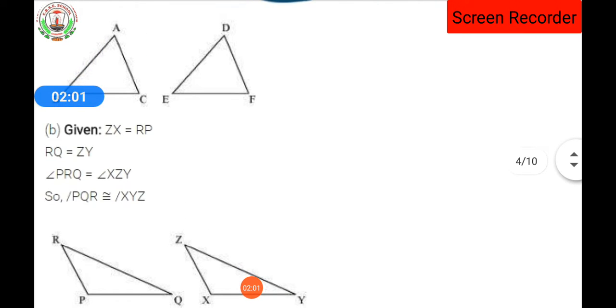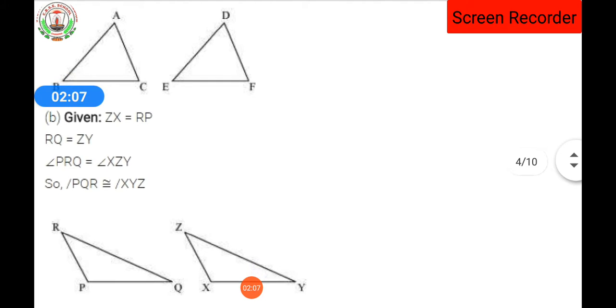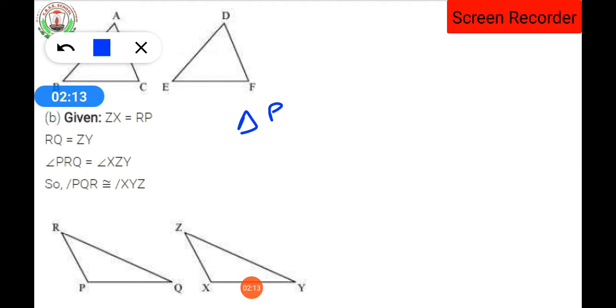Now moving toward the second part of question number 1. Here a triangle is drawn. The triangles are triangle PQR and triangle XYZ, and we are asked by which criteria the two triangles are congruent.